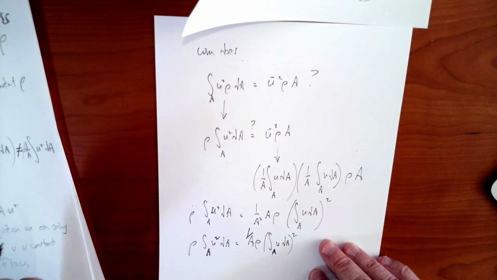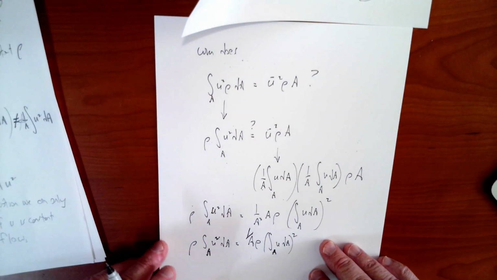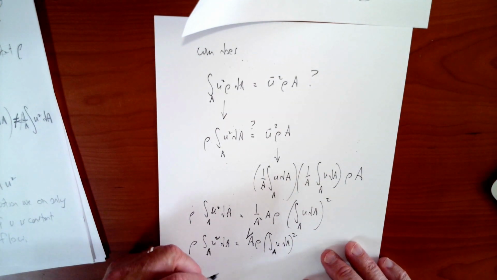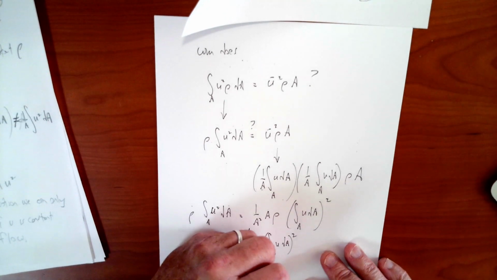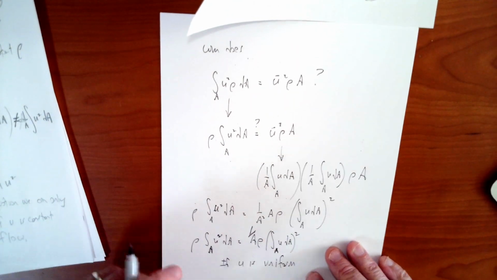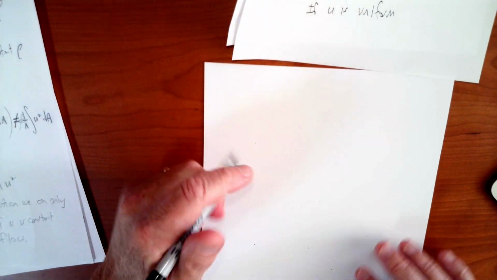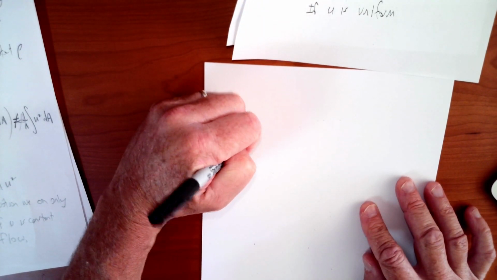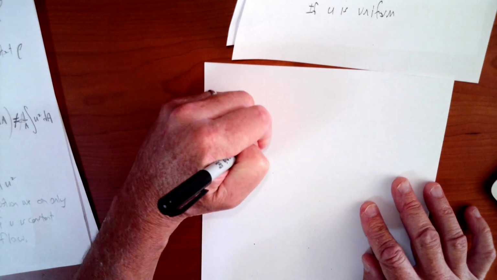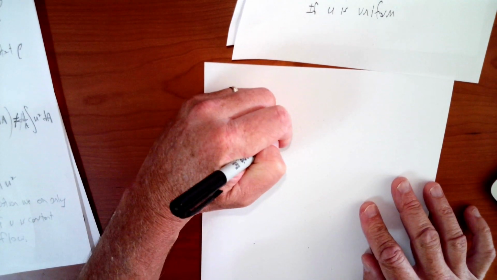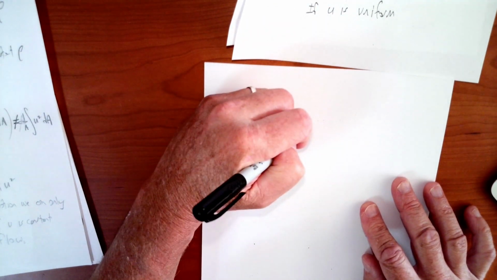So are they ever the same? And they are the same in one condition, and that's if u is uniform. If u is uniform, then this becomes constant, and we can pull it out of the integral as well. So on the left, we still have the integral of rho u squared dA, but now we've said that u is constant.